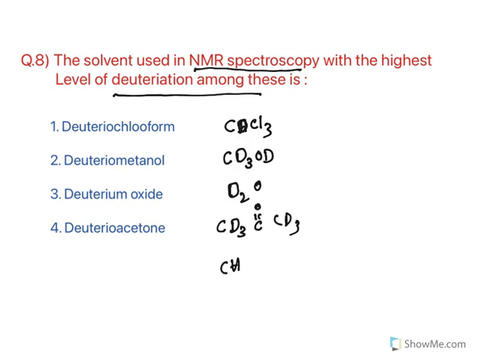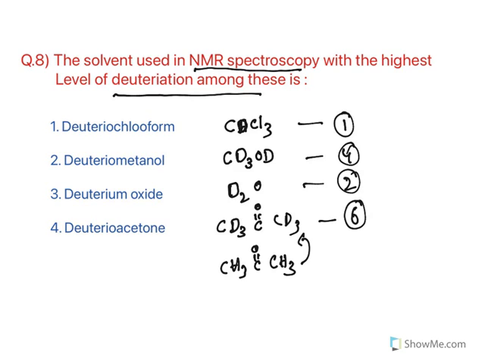See, acetone is CH3, C double bond O, CH3, and all the protons are replaced with deuterium. Now when you see here, you have 1 deuterium here, 4 here, 2 here, whereas here 6 deuterium are there. Now what is the question? The solvent in NMR with the highest level of deuteriation. Among all this, where do you find the highest amount of deuteriation? With the deuterioacetone. So the answer is 4.